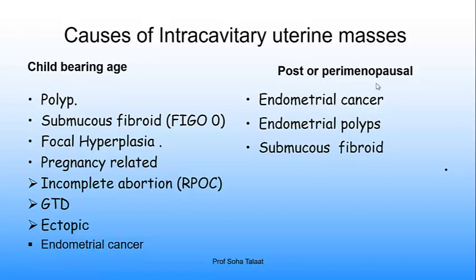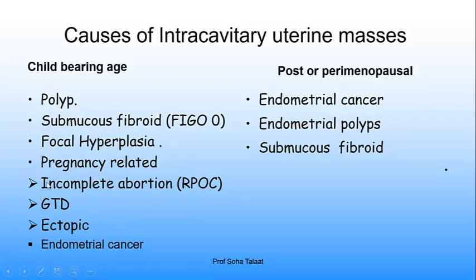Because in the childbearing age we have different causes. The most common is polyp, which causes dysfunctional uterine bleeding, submucous fibroid, focal hyperplasia, and pregnancy-related conditions.